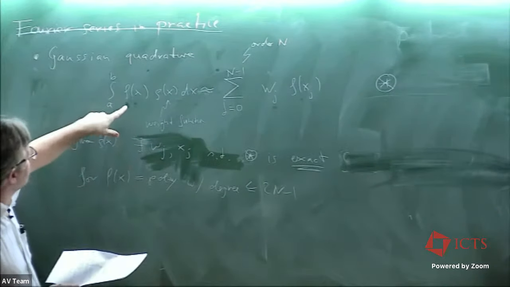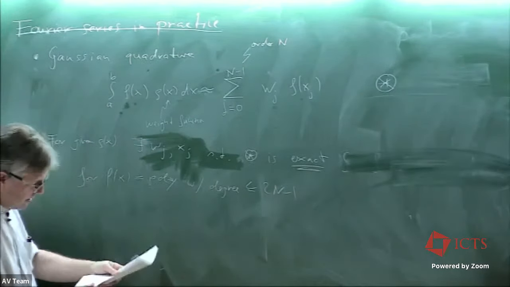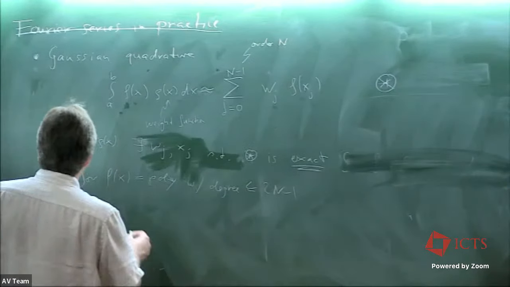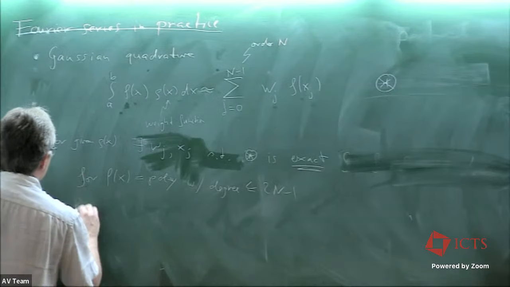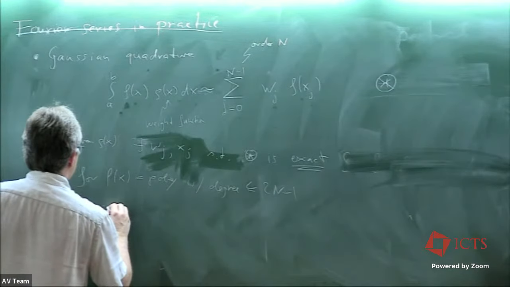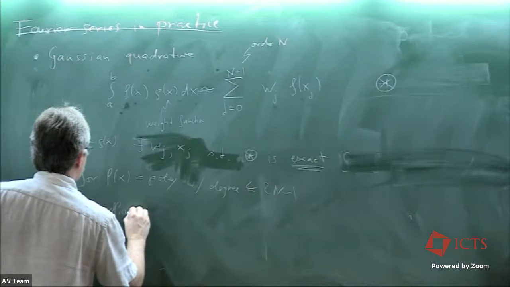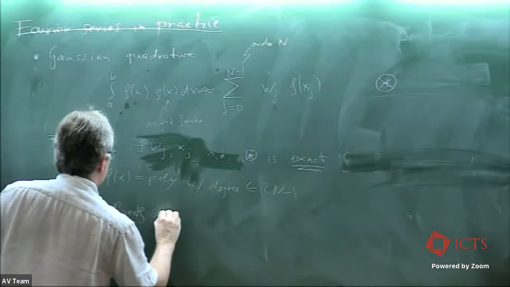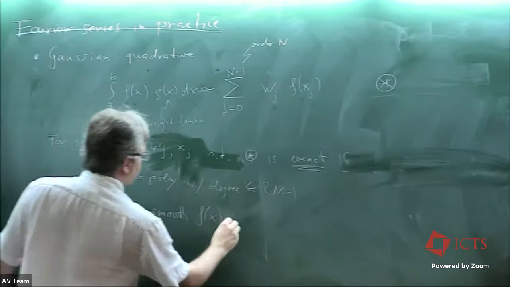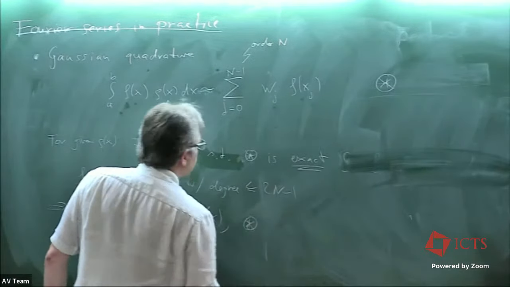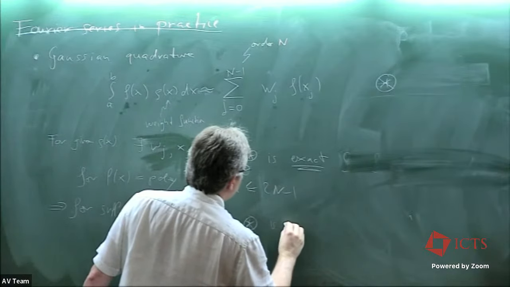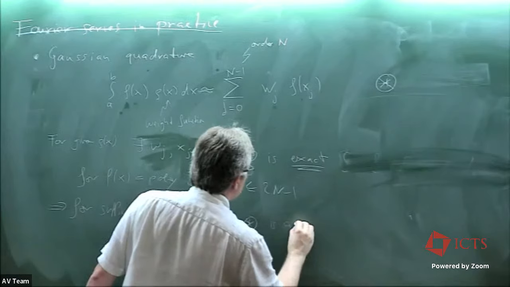So it's an astonishingly high order polynomial you can get here. And what this means is that for sufficiently smooth f of x, the Gaussian integral is astonishingly accurate.